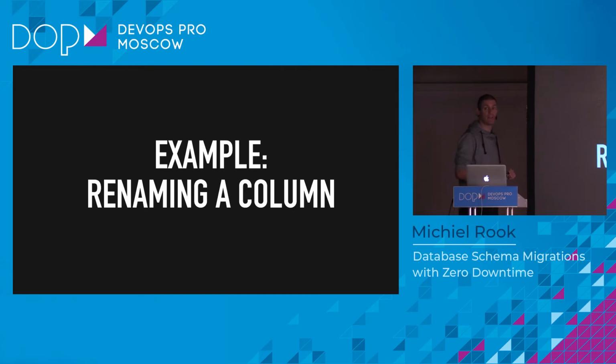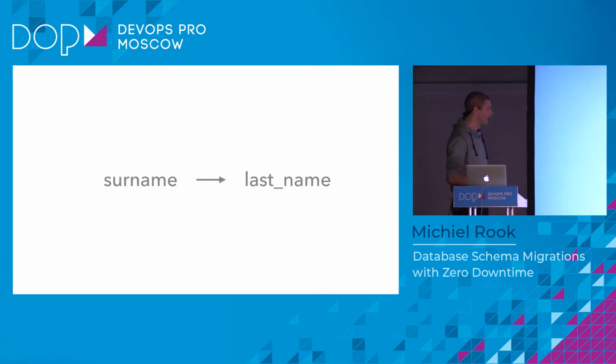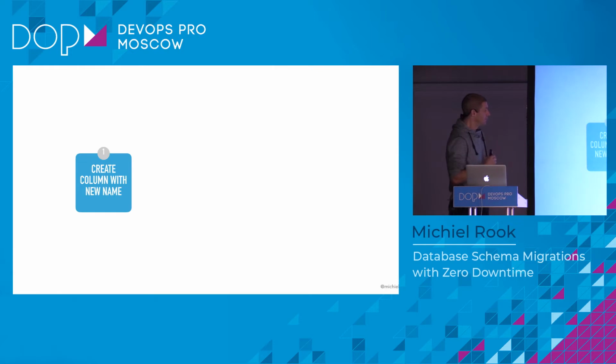Let's go into a concrete example, renaming a column. Let's assume we have a column surname, and we want to rename that to last_name. Pretty trivial example, but it's going to be a little bit complicated nonetheless. Because instead of simply doing an alter table rename, we're now going to create a column with the new name.